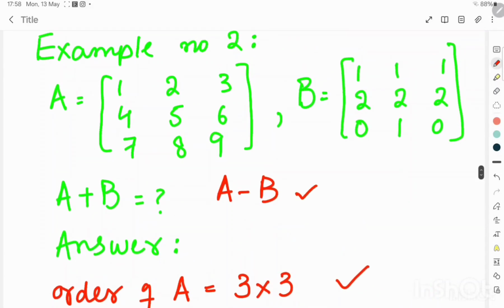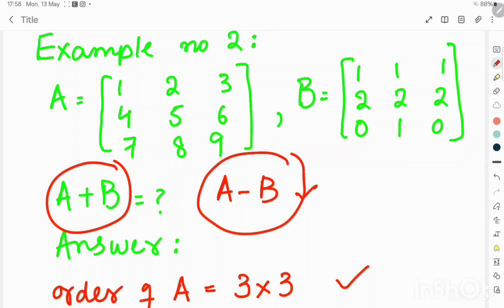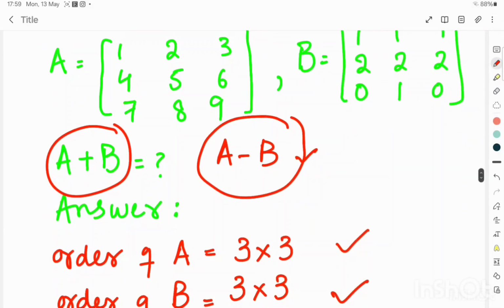Similarly, when it is asked to find the subtraction of two matrices, that is, if it is given to find A minus B, then what will we do? So student, there will be no confusion because the whole process is the same. Just like you find the addition of matrices, the same process will be used to find the subtraction of matrices. That is, the first step will be to check the order of both matrices.